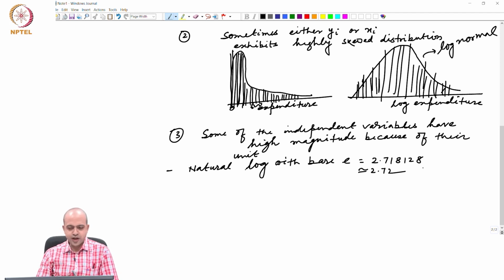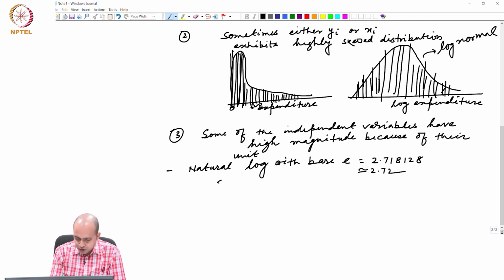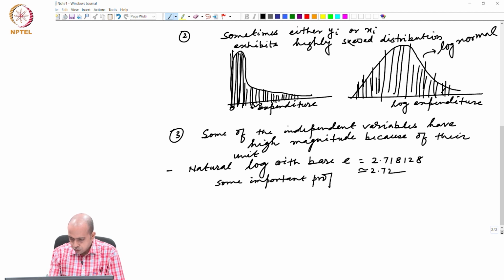This is the natural log we are considering here with base e, and some important properties of logarithm would be useful to understand the interpretation of your beta hat.